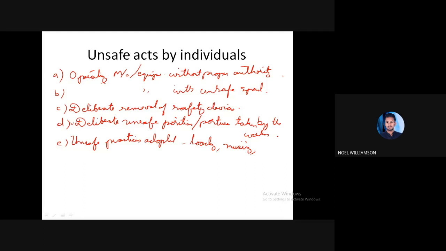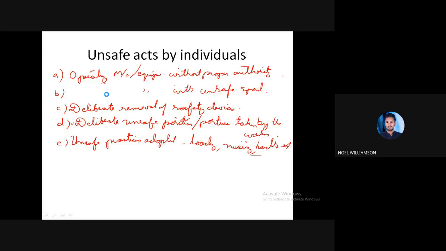You have to use certain material or equipment for mixing rather than your hand. There are standard procedures which give safety. But if what we are using is unsafe, then it may create accidents in mixing, handling, etc. Okay, so these are the unsafe acts by the individuals.